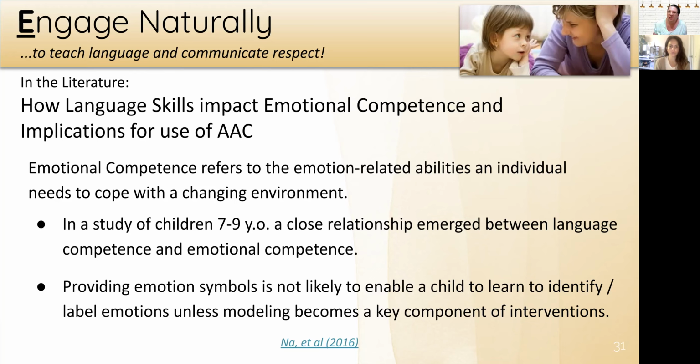Again, as our language skills develop and we have more understanding, we're able to demonstrate and express what we're feeling, why, and our understanding of a situation or how we interpreted it, why we reacted the way we did. Those things are integrated and they're going to develop together. They impact each other.